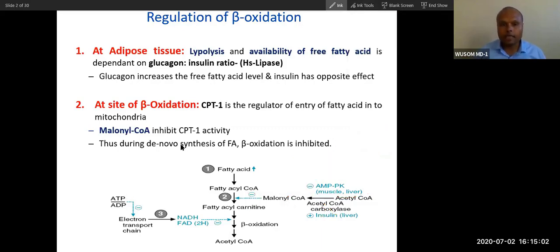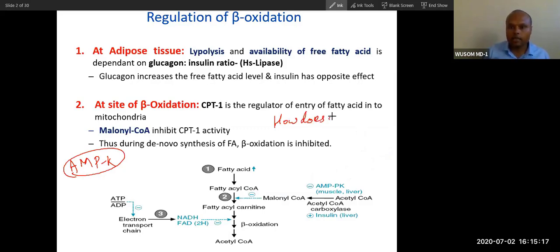Remember, how does exercise stimulate fatty acid oxidation? Through AMP kinase. So the question comes, how does exercise stimulate fatty acid oxidation?